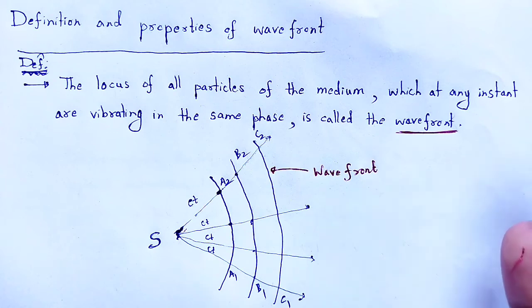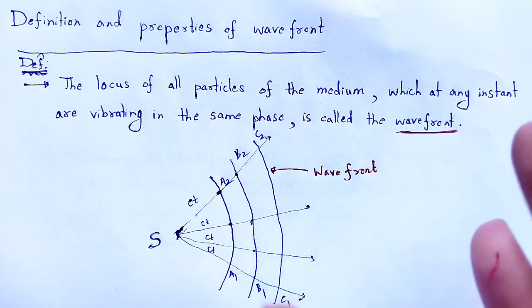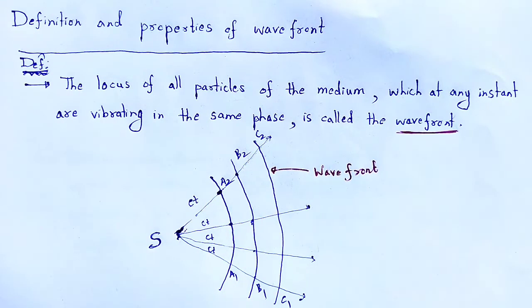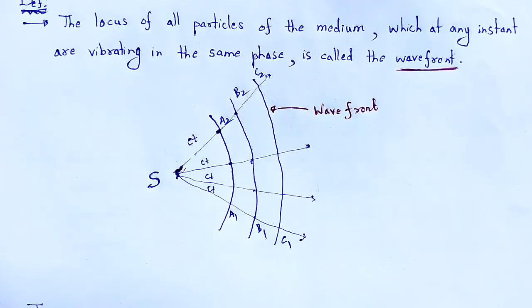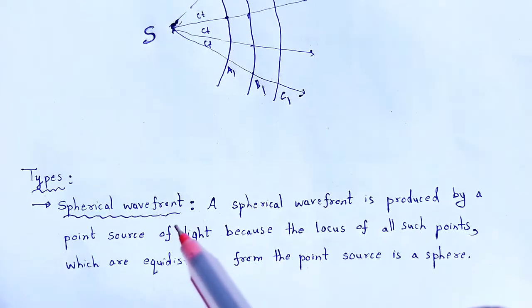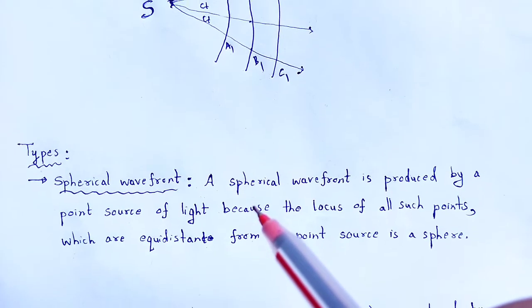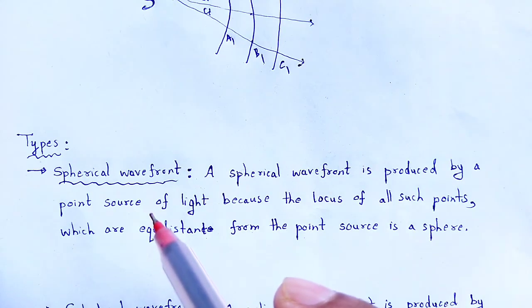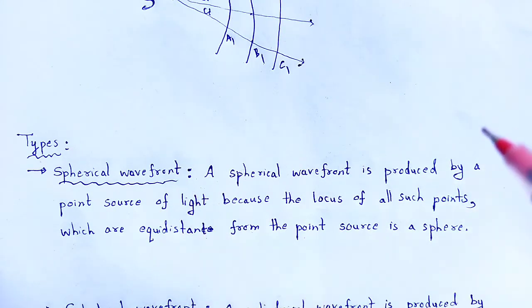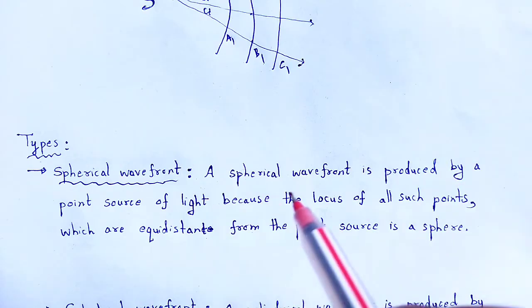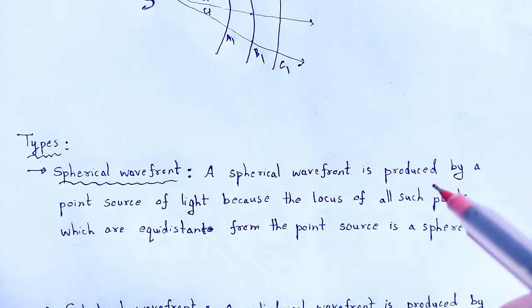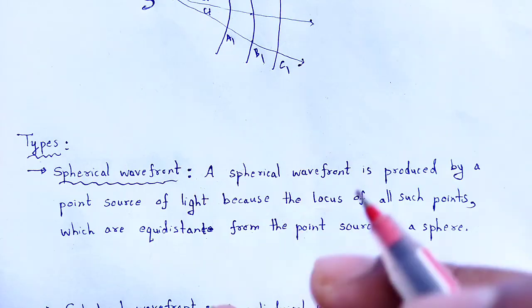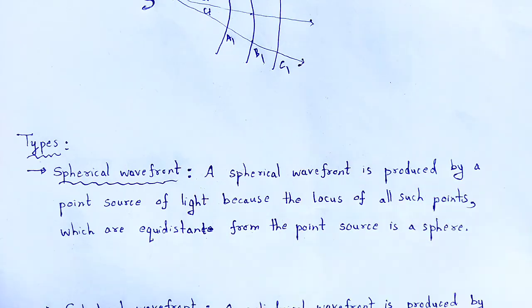So, according to the nature of the source of light, the first one is the spherical wavefront. A spherical wavefront is produced by a point source of light, because the locus of all points which are equidistant from the point source is a sphere.